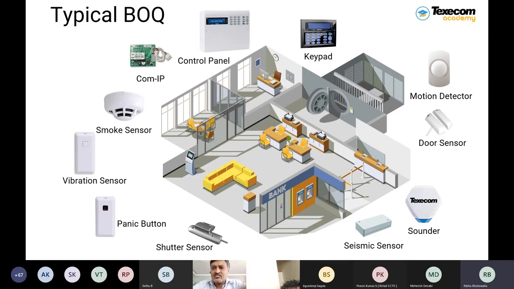So typical BOQ, as I told you earlier, in the banking sector there is one typical BOQ which is given. And in Texecom, as you all are aware, there are various kinds of control panels, various kinds of sensors, and various kinds of communication modules.